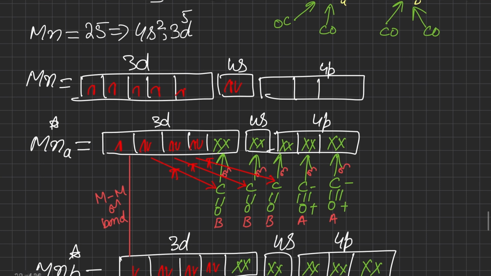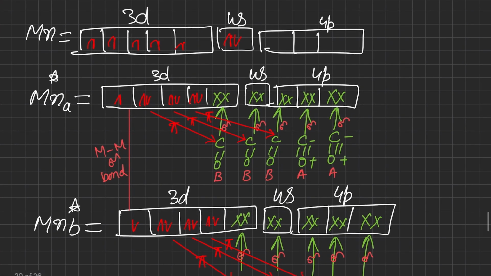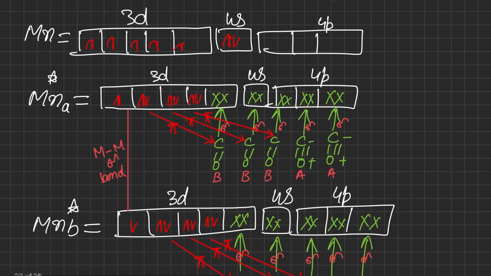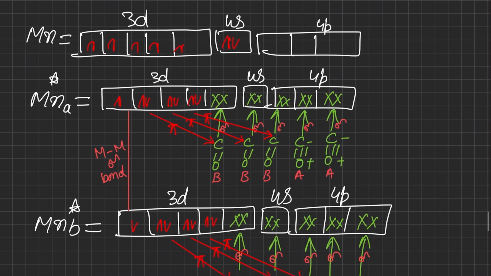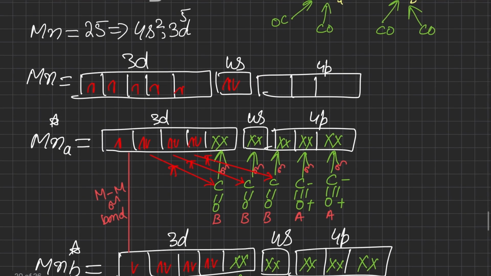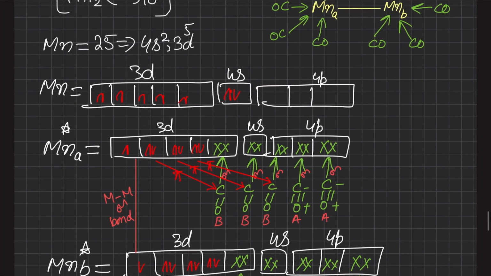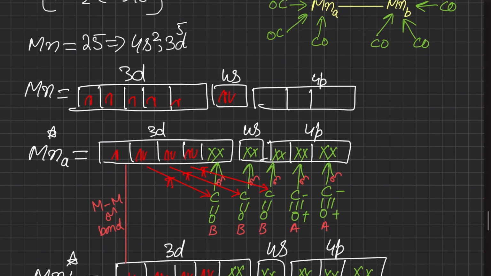So the electronic configuration of manganese is like that. Its atomic number is 25, so 4s2 3d5 is its valence shell electronic configuration. Now this configuration has been written in this form, the valence bond theory or VBT type of writing.